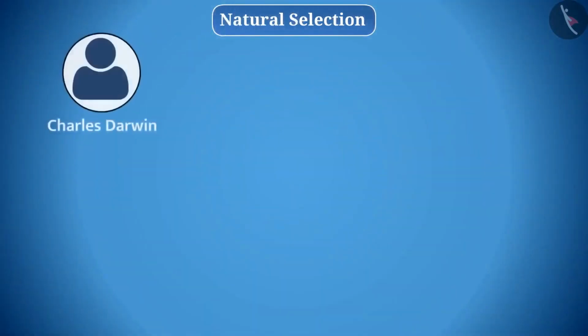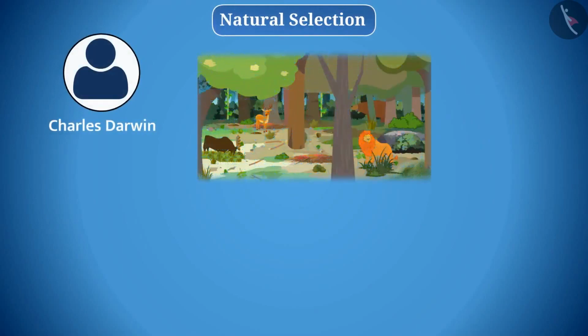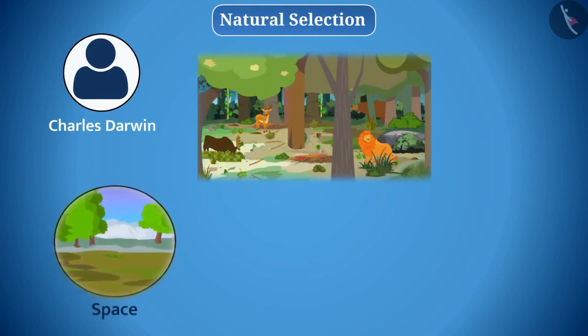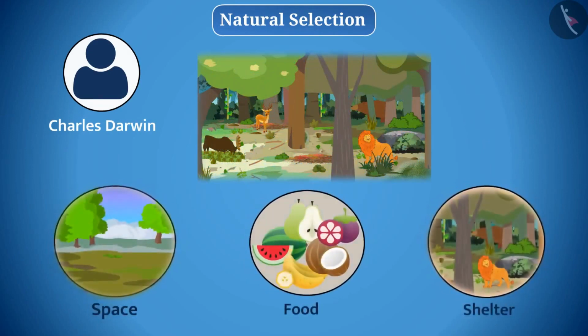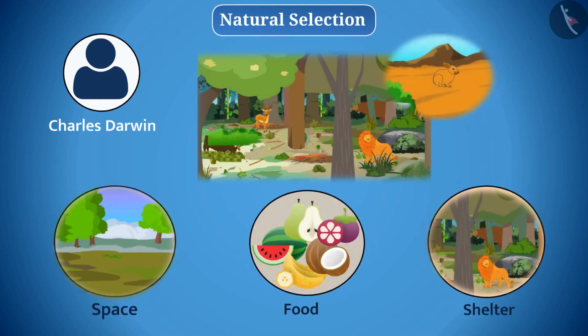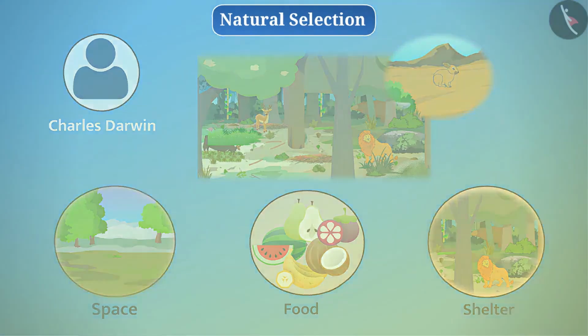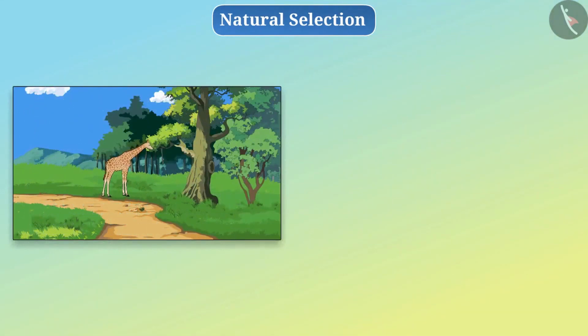The theory of natural selection was proposed by Charles Darwin, in which he said that all organisms compete for different needs like space, food, and shelter, and to survive in extreme conditions. The organisms which show the necessary adaptations win in this competition and survive. For example, some organisms are taller in height.